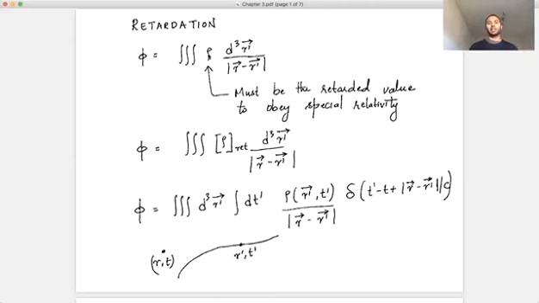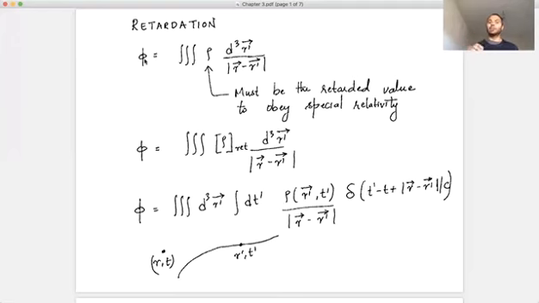If I have a charge here at some time, and I measure the potential because of the charge, you can see that there's no transformation on the time coordinate. So both the LHS and RHS have the same arguments of time, and that of course violates special relativity, because you can't have information traveling faster than the speed of light.